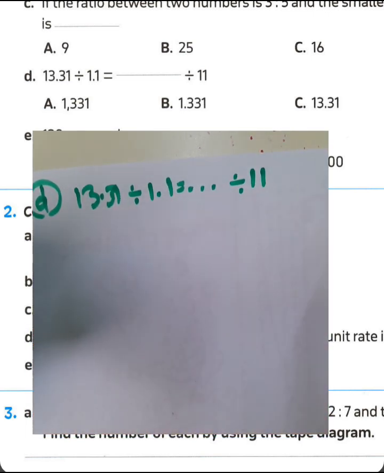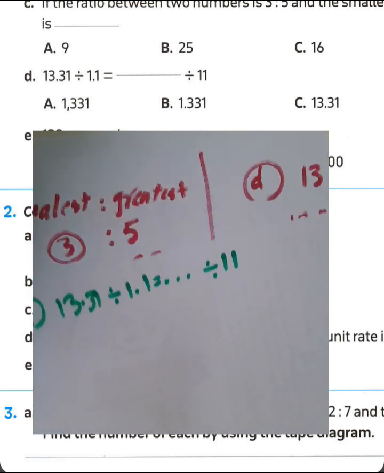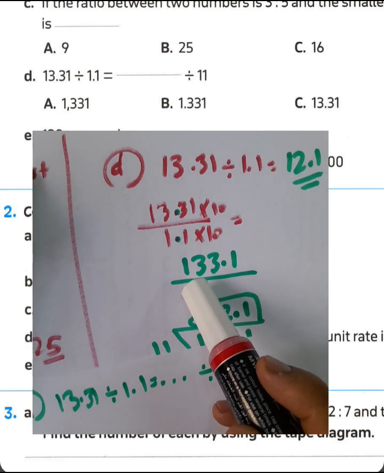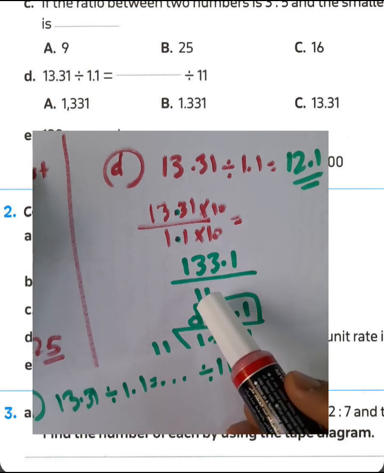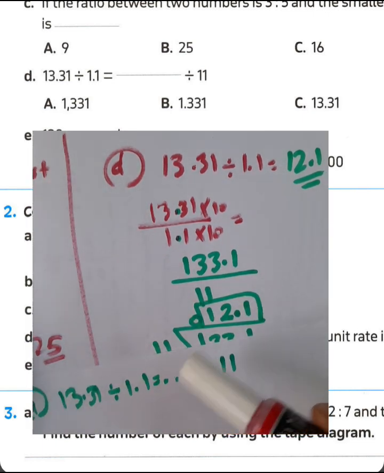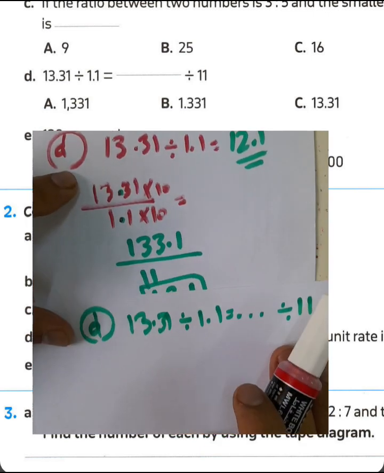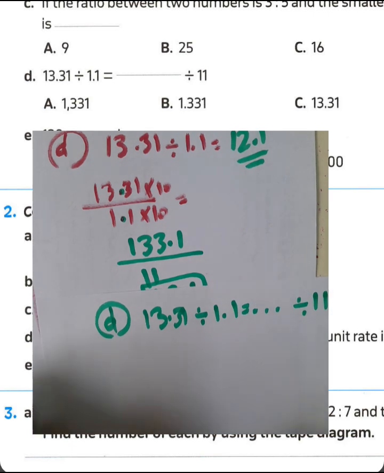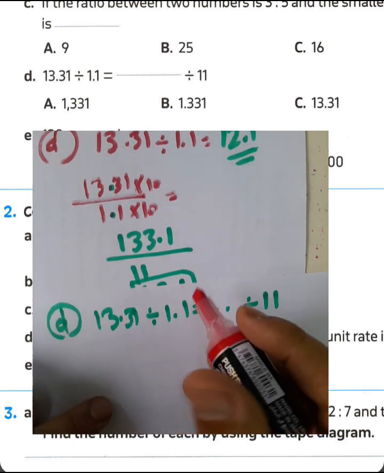In this example, we move the point to the right by one place. The result will be 133.1 divided by 11. What does he want to find? He wants to find the dividend. The dividend here will be 133.1.